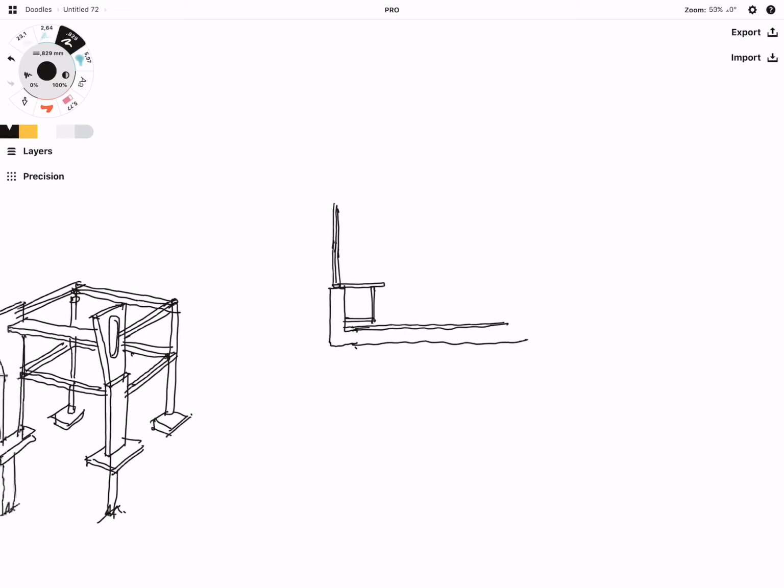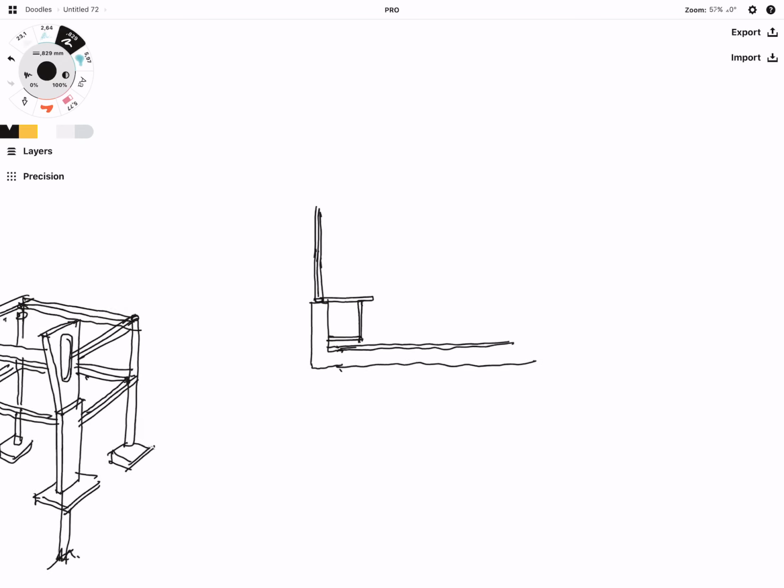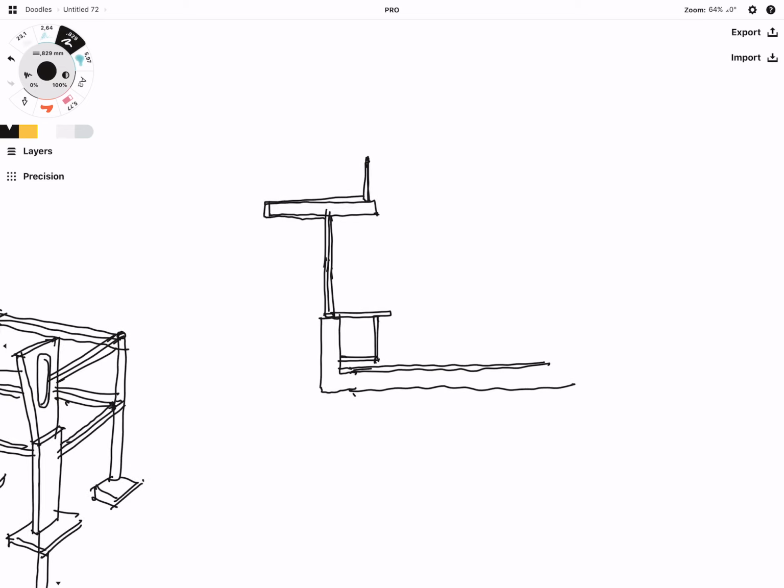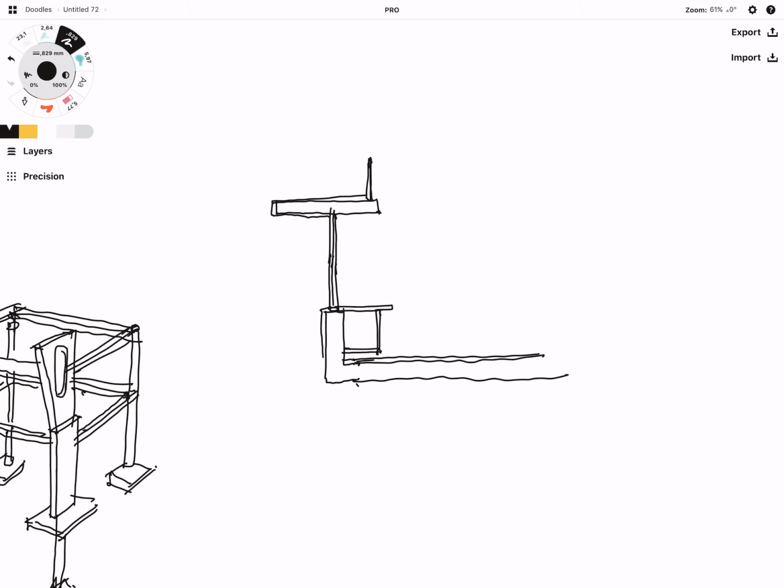Say for example I've got a concrete element here, glass here. Here I would need to put plaster.